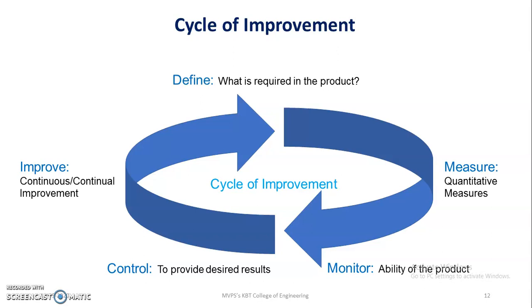The next stage of the cycle of improvement is control. Control gives the ability to provide desired results and avoid undesired things going to a customer. Controlling functions in the organization, popularly called quality control, are verification and validation.